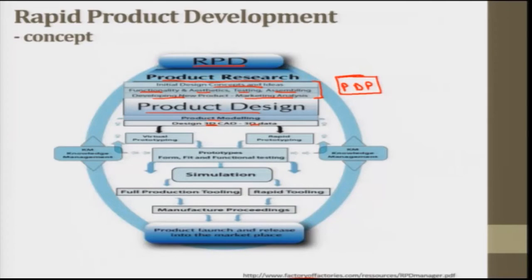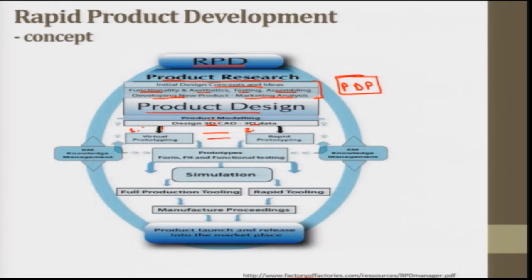Then comes the product design. In product design, we make a CAD model, and then we do virtual prototyping. Virtual prototyping and rapid prototyping are put in parallel here, but virtual prototyping would come first and rapid prototyping later.